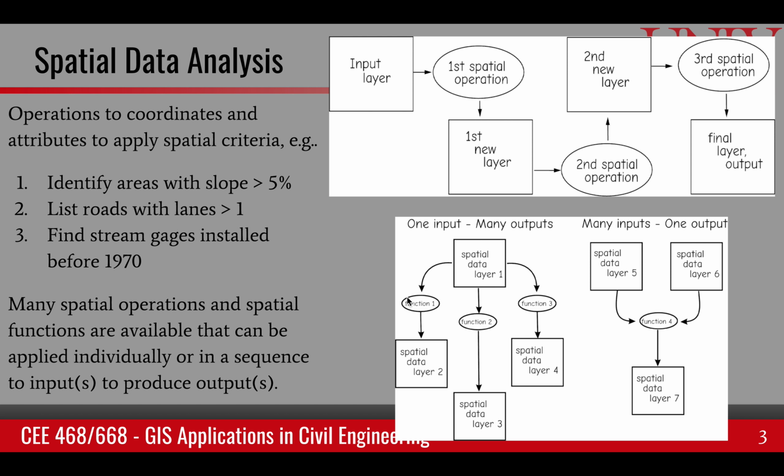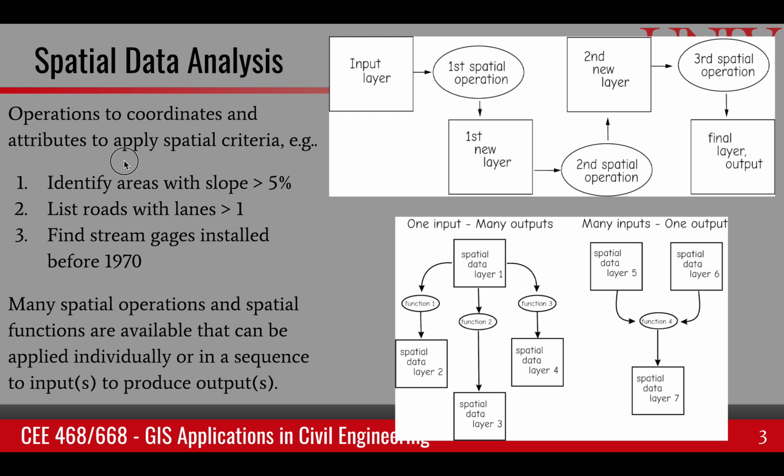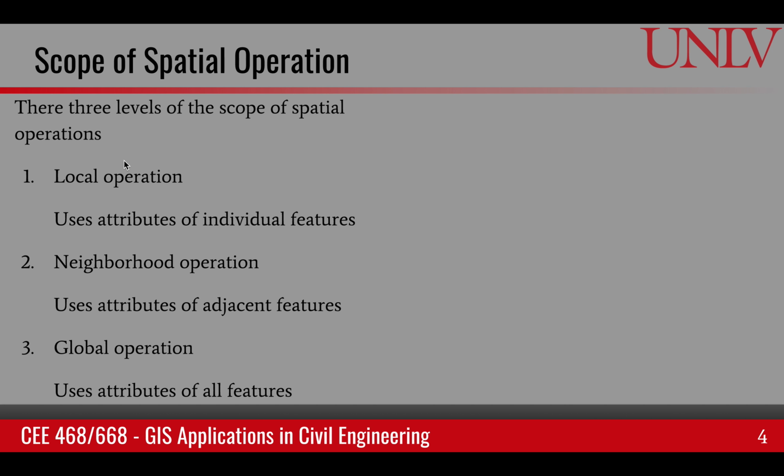Sometimes we apply different operations to the same input and get multiple outputs, or some operations also require multiple inputs to get a single output. In any case, all of these are based upon some operations that are performed on the coordinates or the attributes of the data based on some spatial criteria.